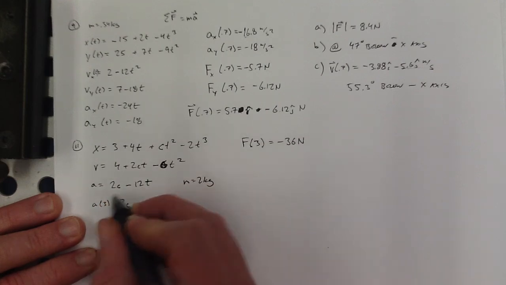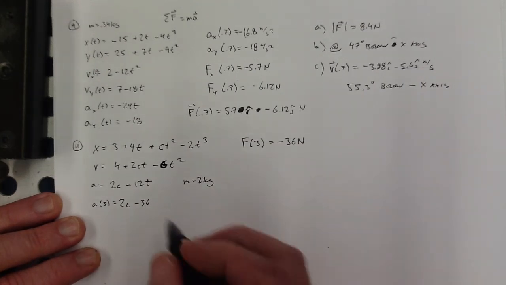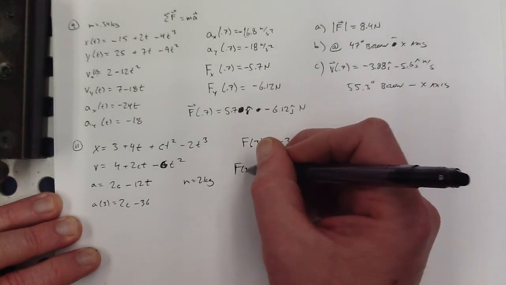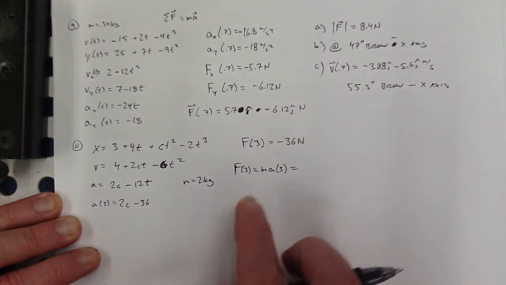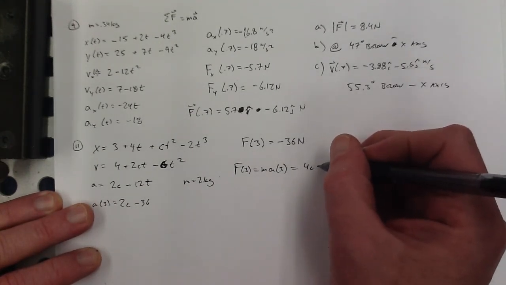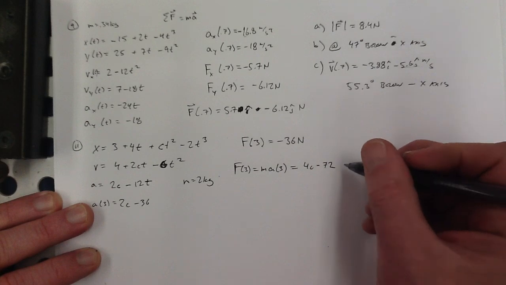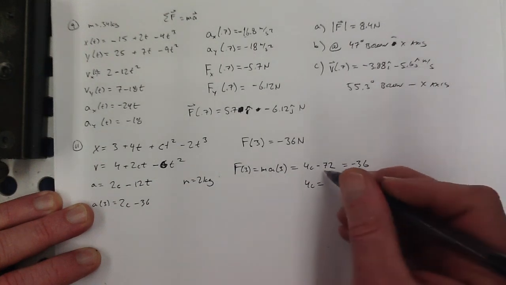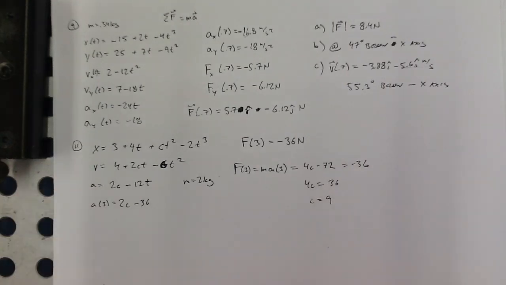That's going to be 2c minus 36. And the force at time 3 is equal to the mass times the acceleration at time 3. So the mass 2 times this, that's equal to 4c minus 72. And they told us that that's equal to negative 36. So I got 4c is equal to positive 36. So c equals 9, looks like.